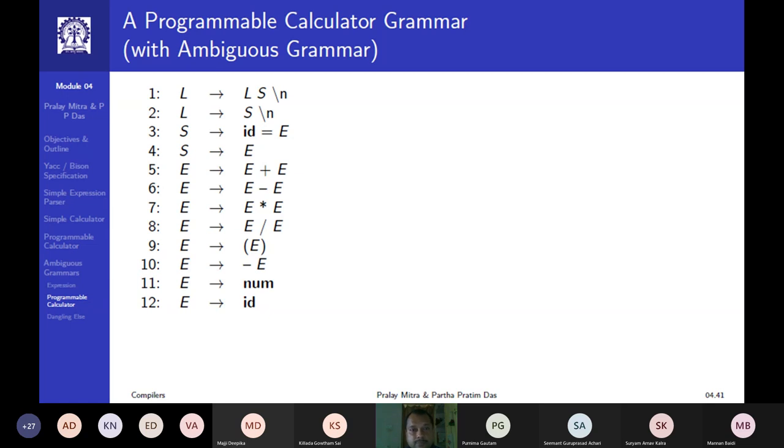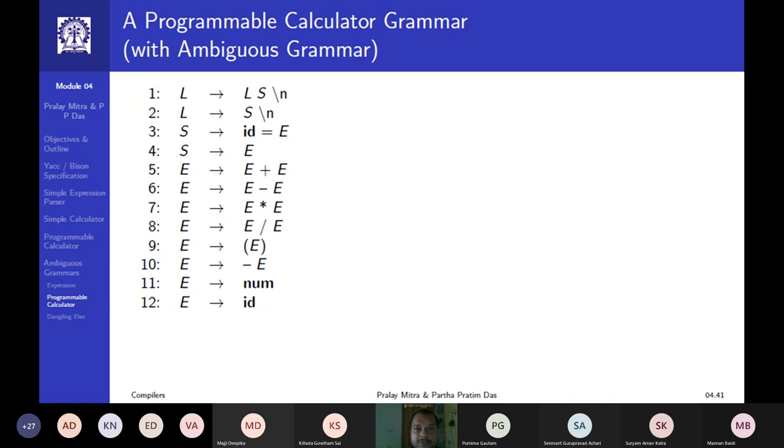Now today we will finish this discussion by looking at the situation that a programmable calculator, even if it is ambiguous, we can resolve that ambiguity with the help of Bison. That is one of the primary reasons why Bison is so powerful.